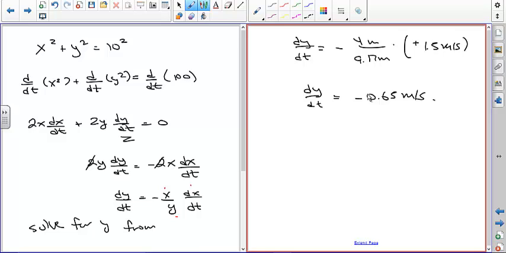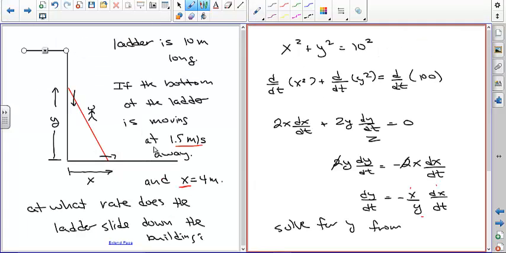You have at least one for homework. If I gave you dy dt and it was sliding down the house, dy dt would be negative and dx dt would be positive. So you just got to be very careful about the signs of the information. Don't just look at the problem and say, in this case, it says moving away. It doesn't have the sign.